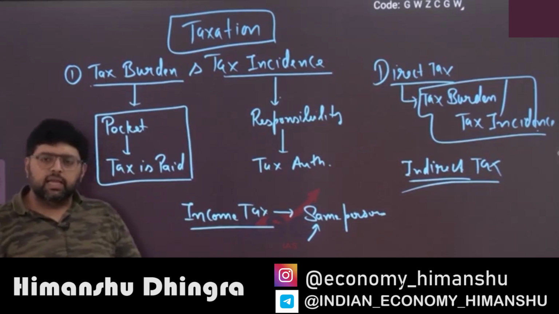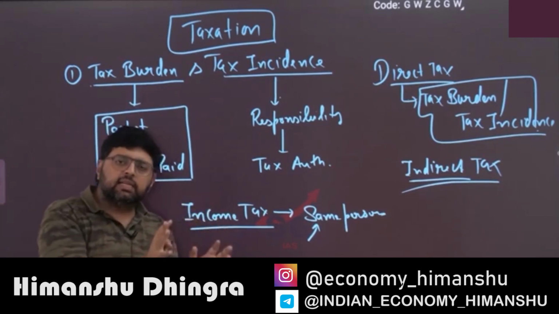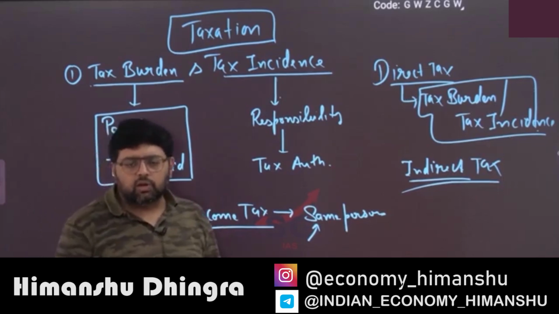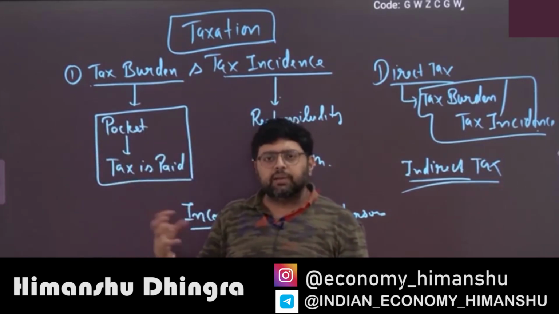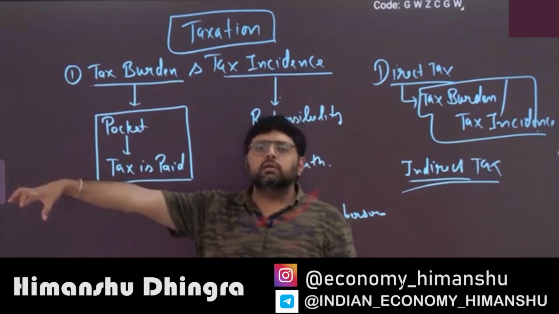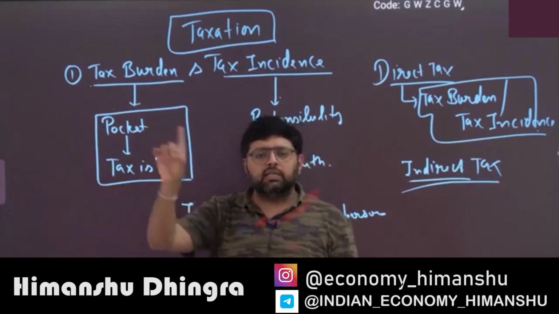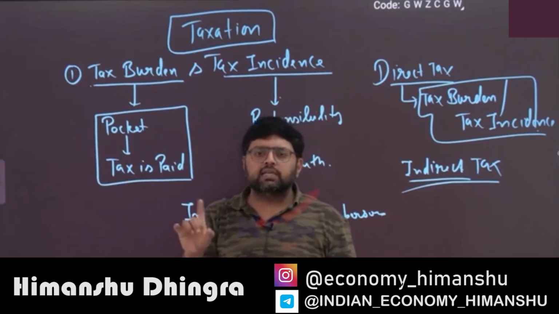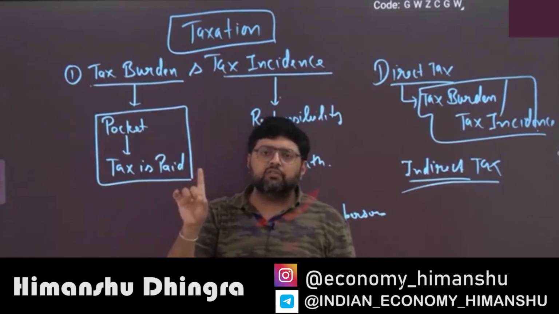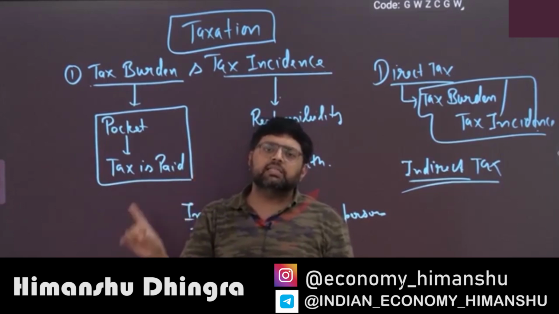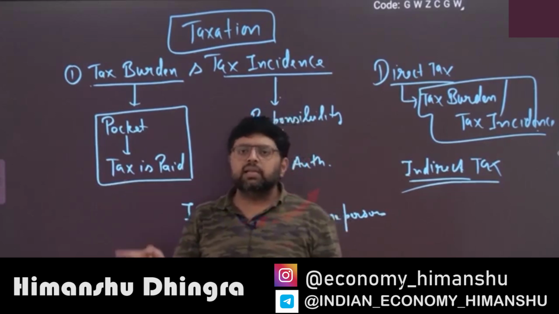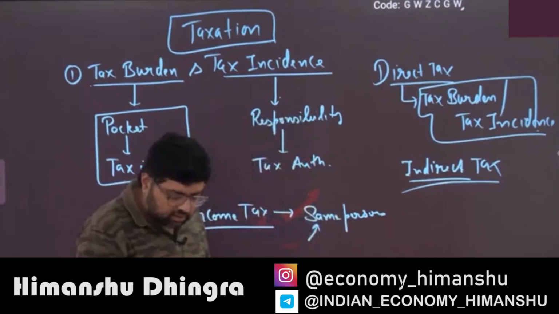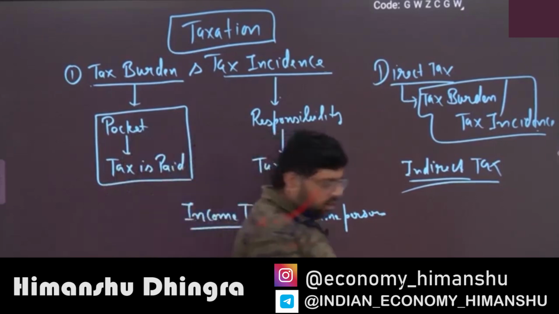Incidence means the one who collects the tax such that this tax must reach the concerned authority. So अगर आप income tax की बात करो तो वो पैसा आपकी pocket से जाएगा, और आप ही की responsibility है कि वो tax authority तक पहुंचे. So in the case of direct tax, burden and incidence is on the same person, whereas in the case of indirect tax, burden and incidence is on different persons. This is what you have to remember, number one.